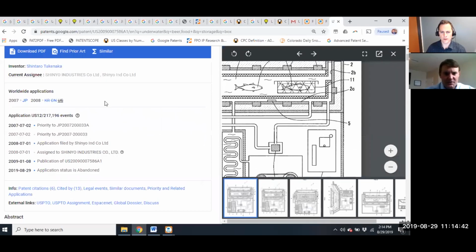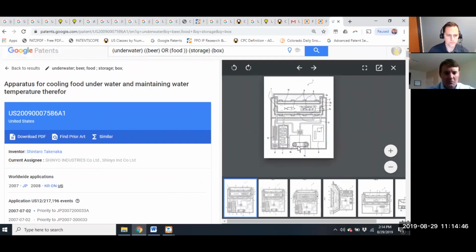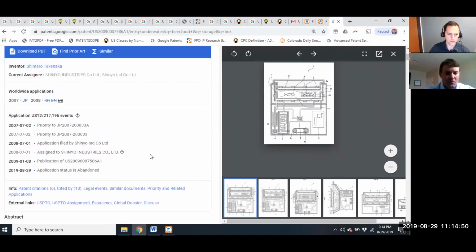So one of the first things is, based on this title, it seems like we're in the ballpark. With these initial ones, you want to ask, what kind of information can we glean out of this that will help us, for lack of a better word, fish more efficiently with our next search?